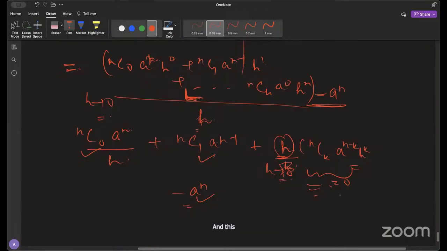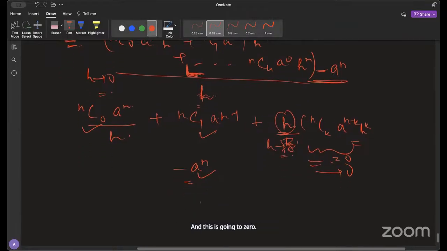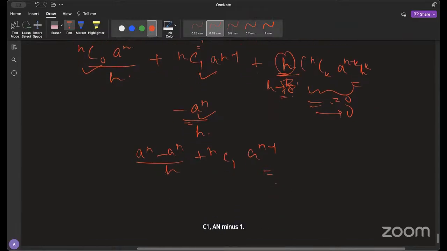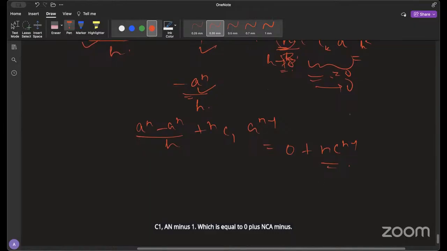And this is going to 0. And this is 0 plus nC1 a^(n-1), which is equal to nC(n-1). So this is your derivative. X to the power n's derivative is basically n x^(n-1).